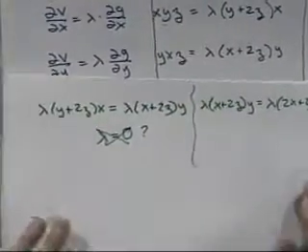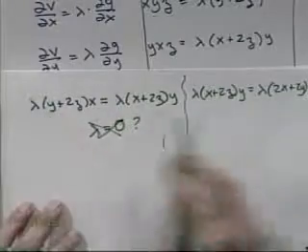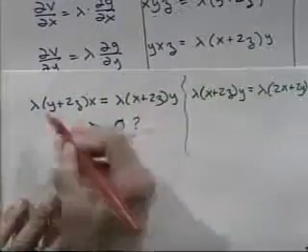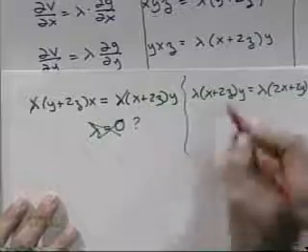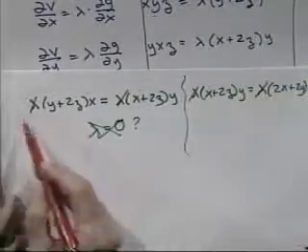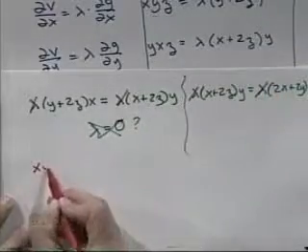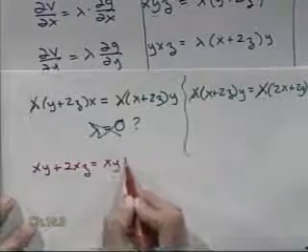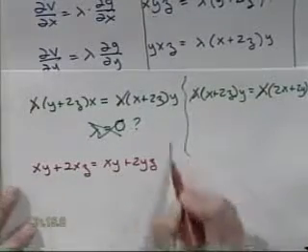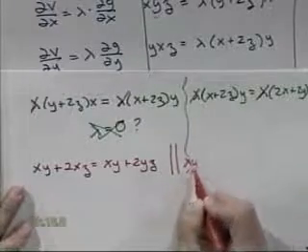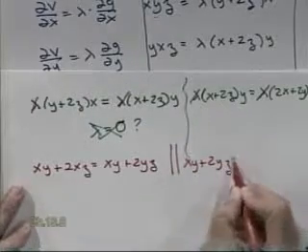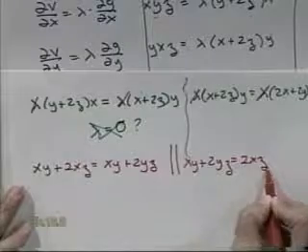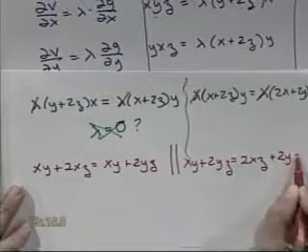So if lambda is not equal to 0, I can divide through by lambda on both sides. If I divide through by lambda on both sides, on this one I have xy plus 2xz equals xy plus 2yz. And this one I get xy plus 2yz equals 2xz plus 2yz.